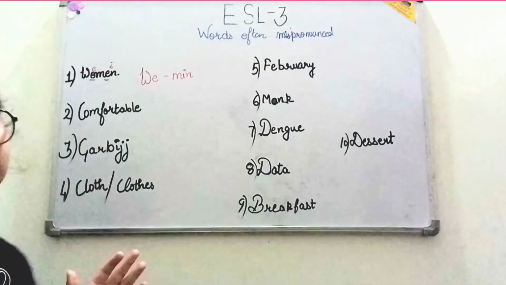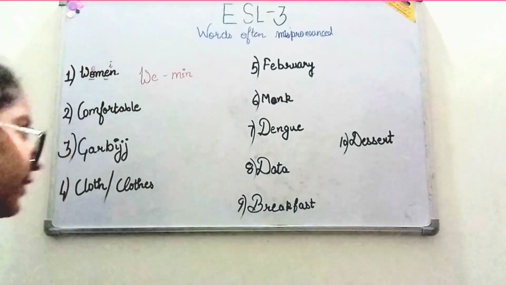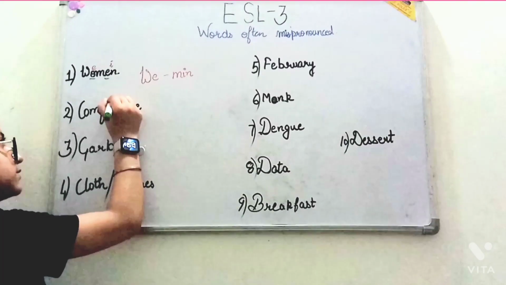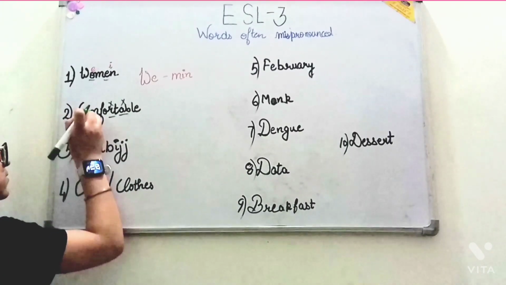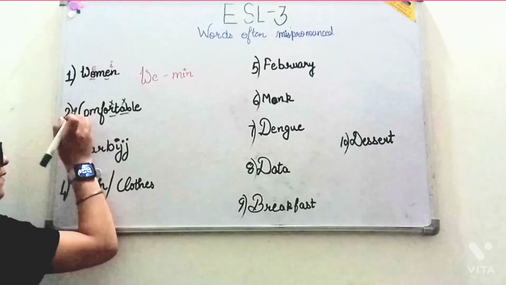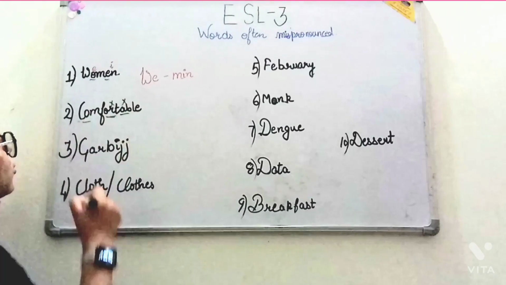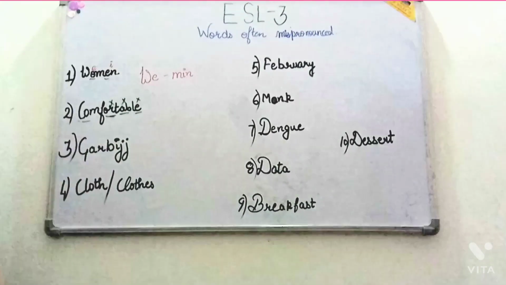Number 2 is this one. We tend to pronounce it as comfortable, which is not correct. Here the R is silent, and instead of C-O, we use another sound.